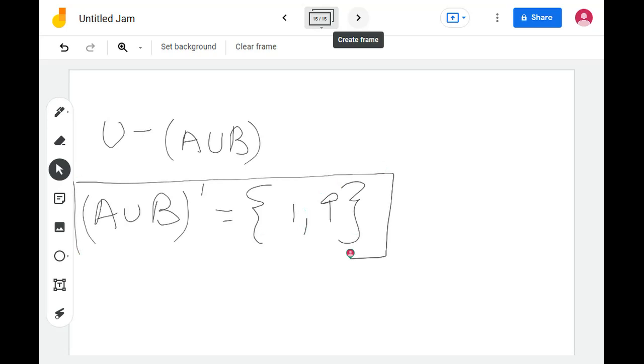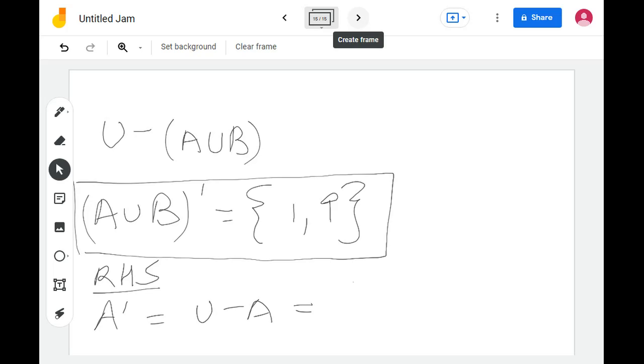Now we are finding the right hand side of this question, the RHS, which is A complement. Union minus A: union we have 1 2 3 4 5 6 7 8 9 and A is 2 4 6 8. So we have 1 3 5 7 and 9. This is our A complement. And what is our B complement? Now we will find that as well.